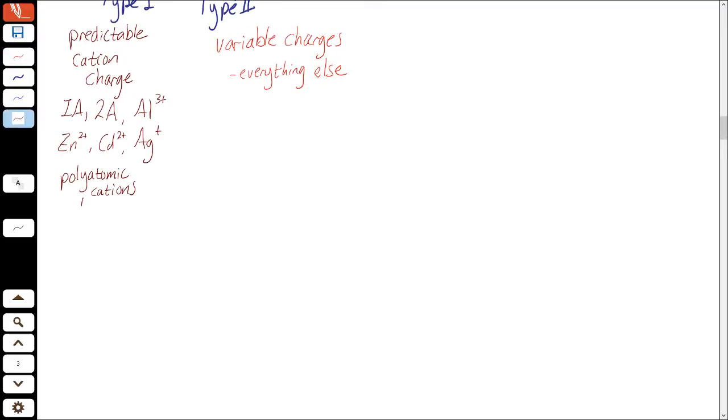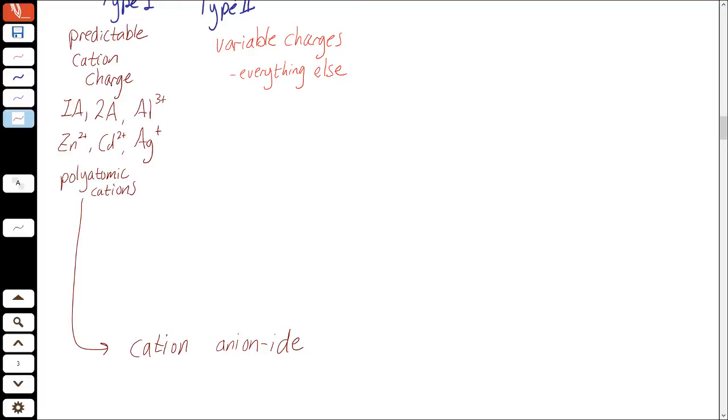Okay, so let's look at the two different rules. For type 1s, the way that you name it is you just say the cation, and then the anion, which in most cases changes the end of its name to -ide if it's a simple monoatomic anion.